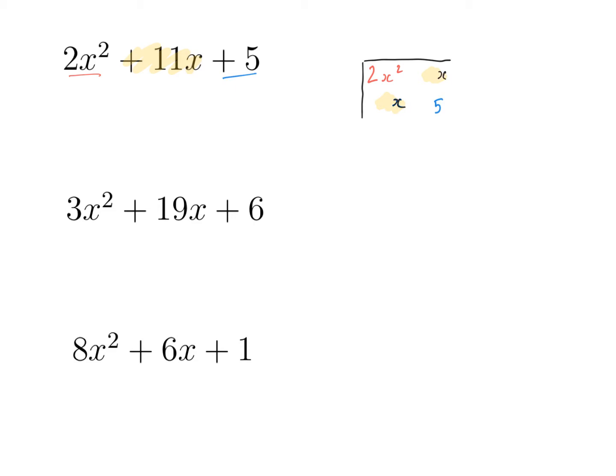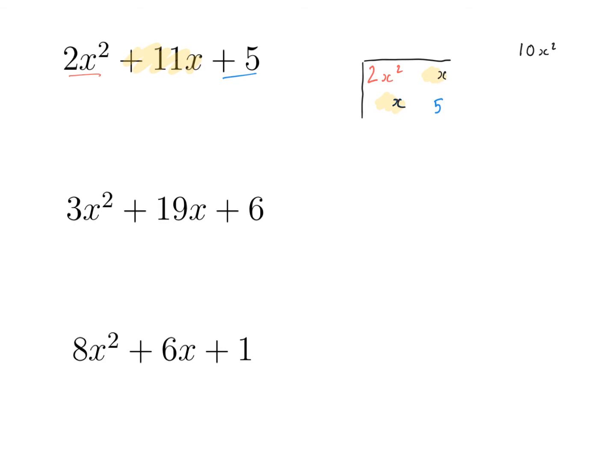Now, I need to decide how many x's go in each of those yellow boxes. What we've seen in the past is that the two boxes I've highlighted in yellow here will multiply together to give me the same answer as these two boxes here. So if I multiply 2x squared by 5, I'm going to get 10x squared.